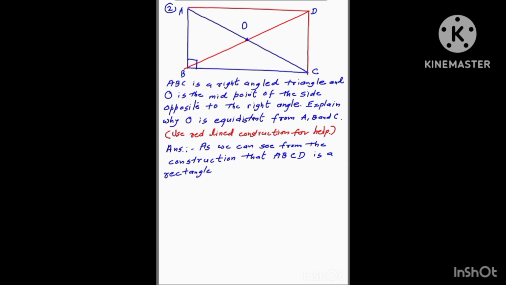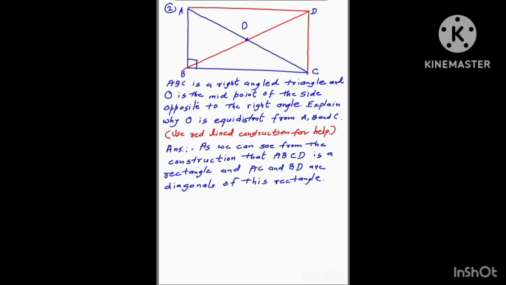Okay, ABCD is a rectangle, and AC and BD are the diagonals of this rectangle. Okay, are you getting the argument in this? Very simple.